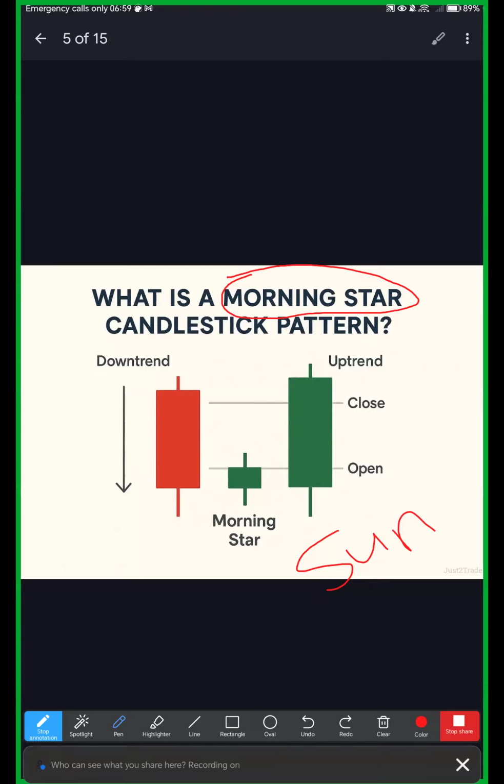Let's go a little bit deeper into it. As you can see here, I do have a composition of 3 candles. When you look here, this is the first candle. It is a red candle. You can see the volume, it is full. And then there is a middle candle here, and it is a small candle.